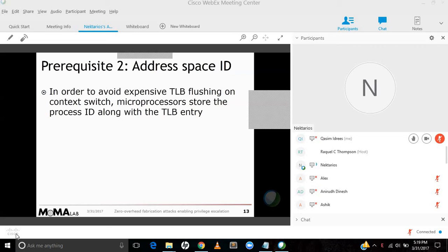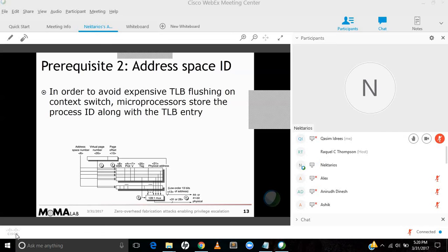and because every process has a different virtual space, you need to empty this cache memory. You need to delete everything from the translation look-aside buffer, and this is an expensive operation. So since processors store the process ID in the translation look-aside buffer, this process ID is used to match the entries in that buffer so that it prevents you from deleting every entry in that table.